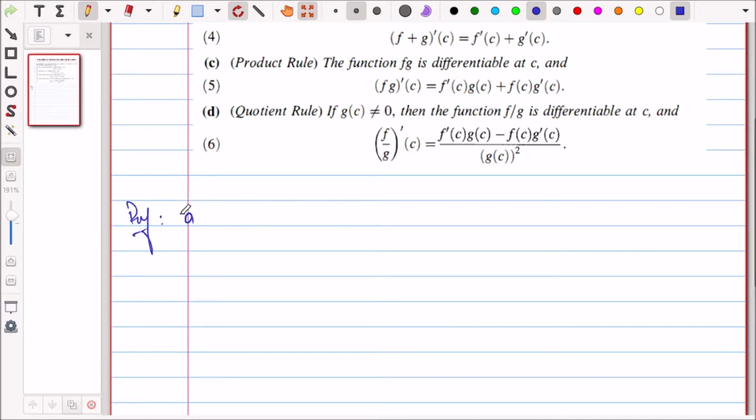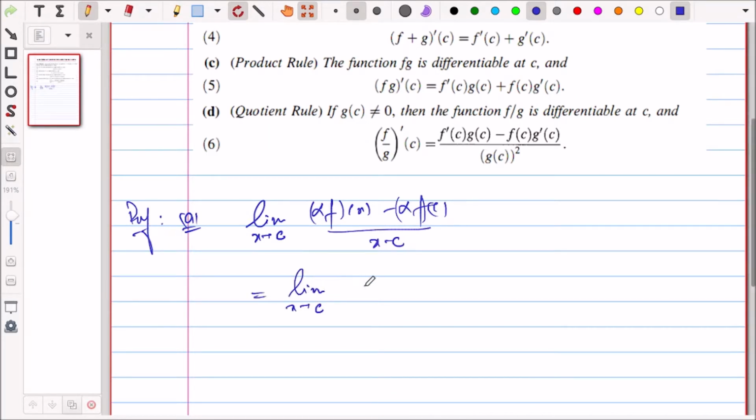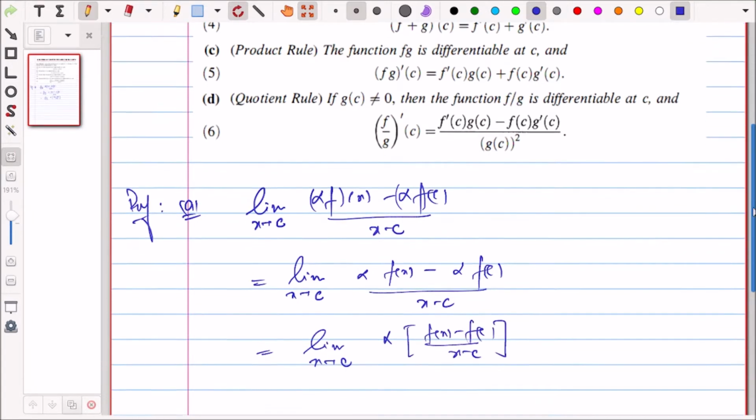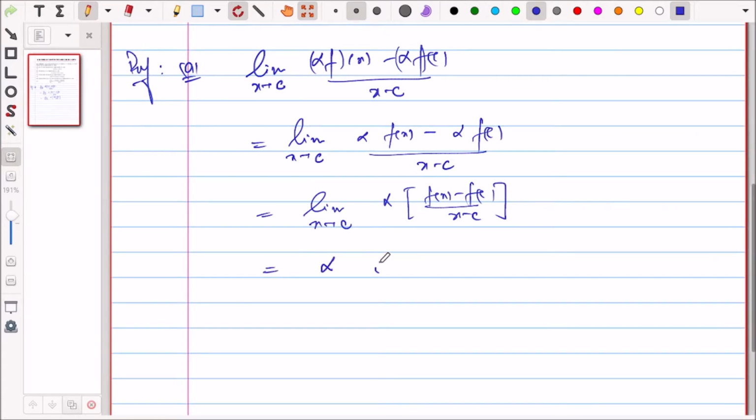Okay. So for the A part, we will start with the limit as x tends to c of (α f(x) − α f(c)) upon (x − c). You can take alpha common. So this is the limit as x tends to c of α times (f(x) − f(c)) upon (x − c). Now when you apply algebra of limits, you can take this scalar outside. So this is α times the limit as x tends to c of (f(x) − f(c)) upon (x − c).